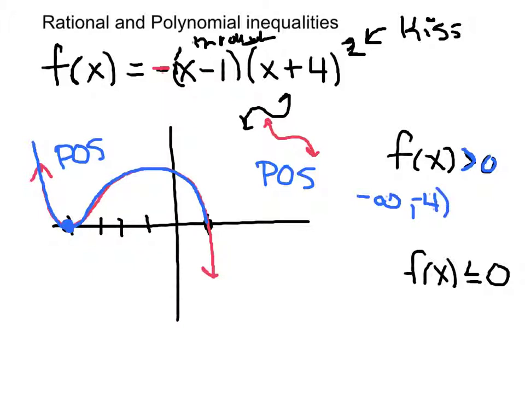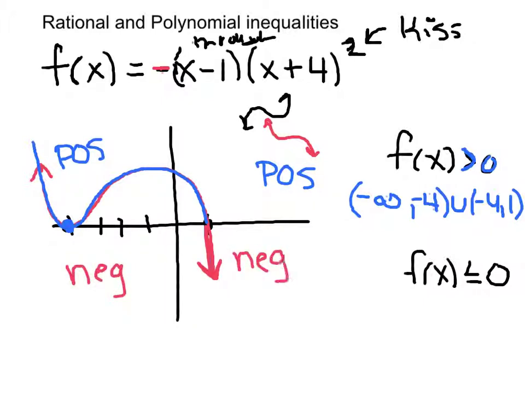It's also greater than 0 from -4 to 1. If you're answering the question, where is the graph less than 0, the graph is less than 0 right here in this section. So the graph is only negative, it's only below the line, from 1 to infinity.